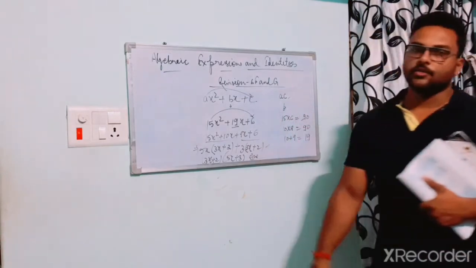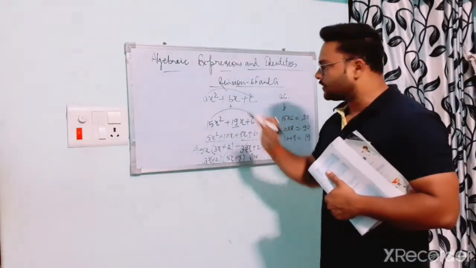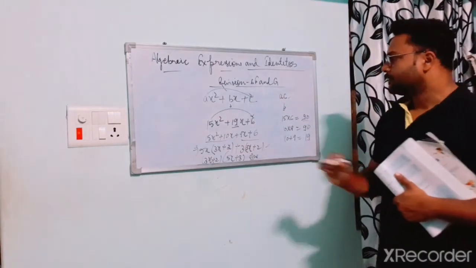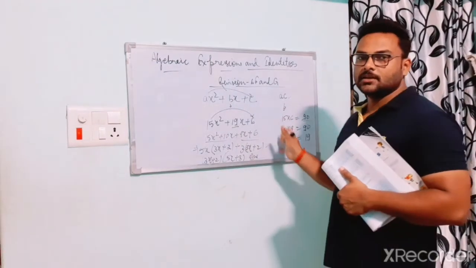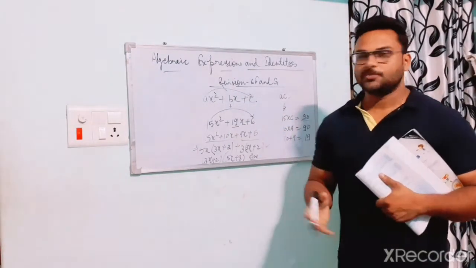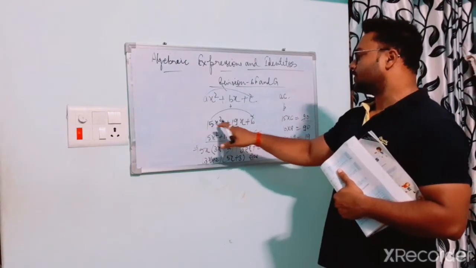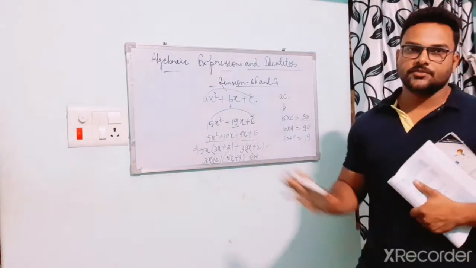So this is the way we have to do it. What is the difference? Only that here a coefficient of x square is given, and you have to multiply it with C to get the product with the constant term, and split the middle term in such a way that their sum is equal to the middle term and their product is equal to the product of the coefficient of x square and the constant term. So very easily you can solve the question if you get it.